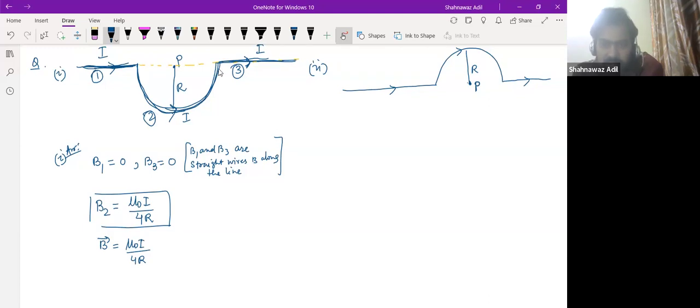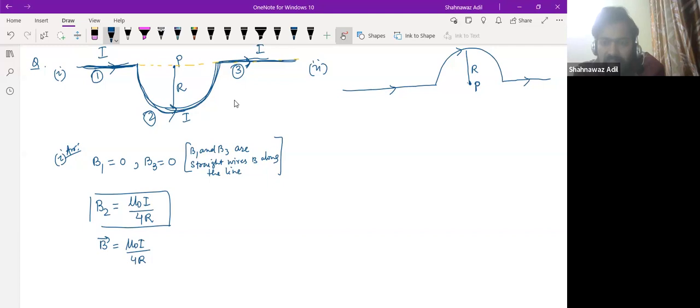Right. What is the main method to calculate the direction? The method is the modified Maxwell's thumb rule, right?